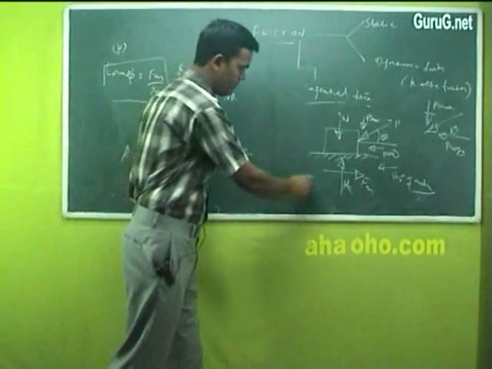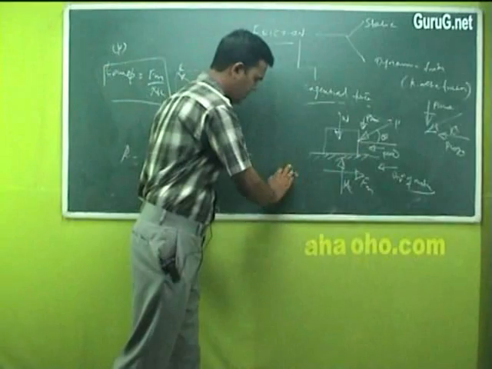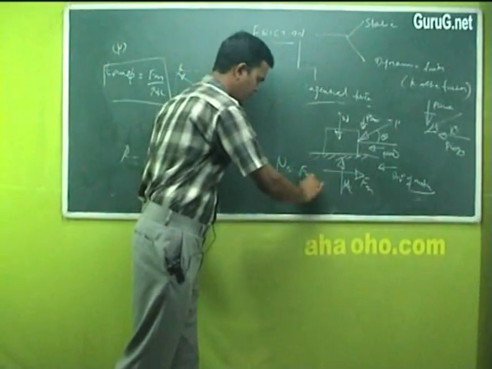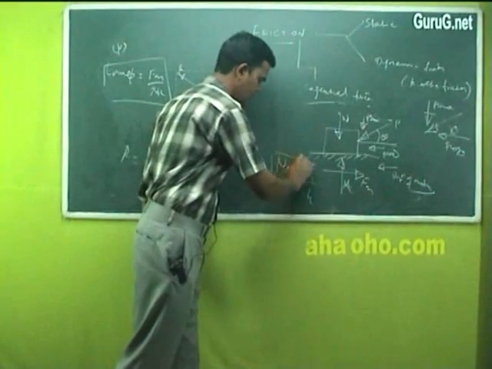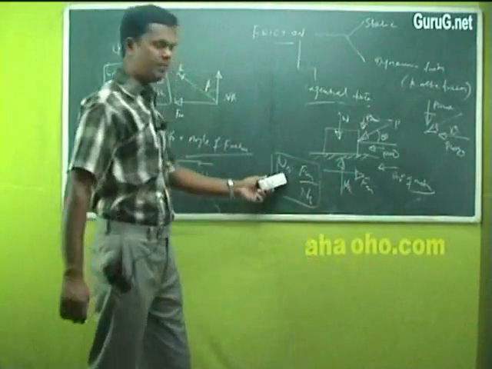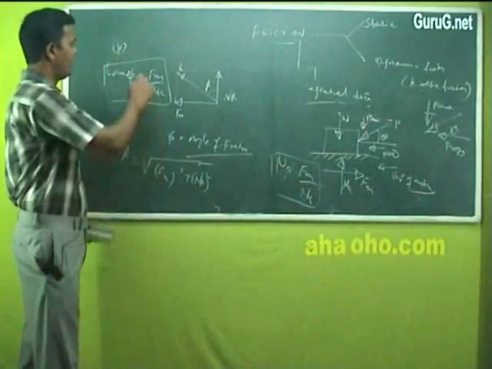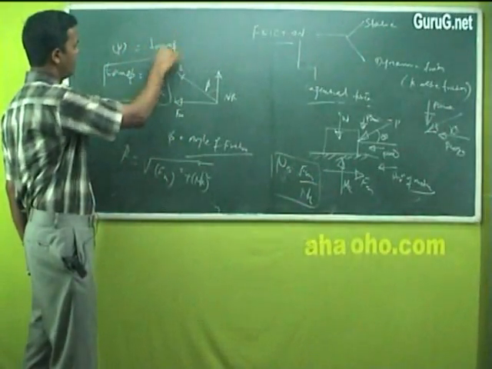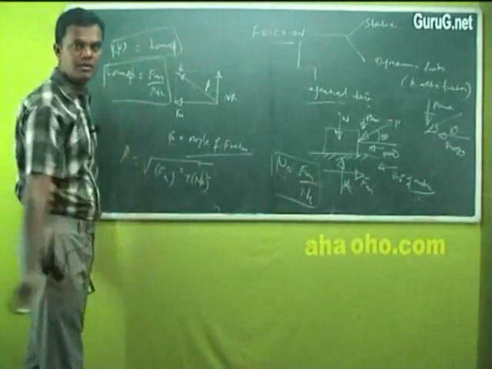Suppose, which I have erased this, mu is your coefficient of friction, Fm by Nr, which I already defined. So if you compare this mu and this, what will you get finally? Mu is equal to tan phi. Clear?